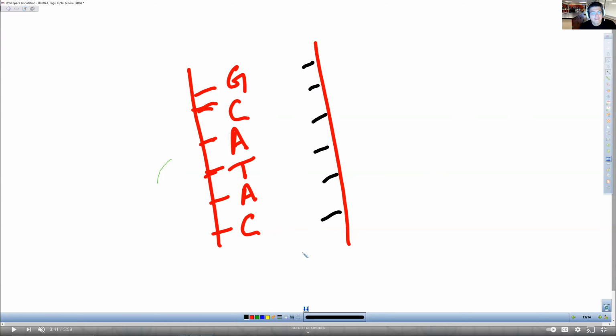What do you think? So what would be here? Cytosine, very good. Over here, guanine, very good. Over here, thymine. Adenine, very good. Thymine, very good. And guanine. Guanine, very good. See that?